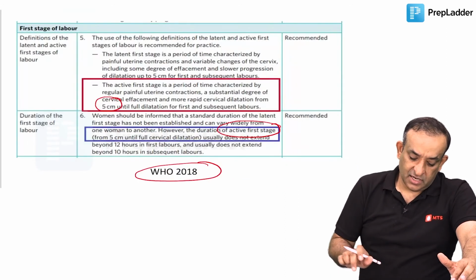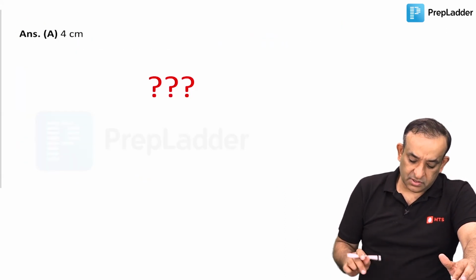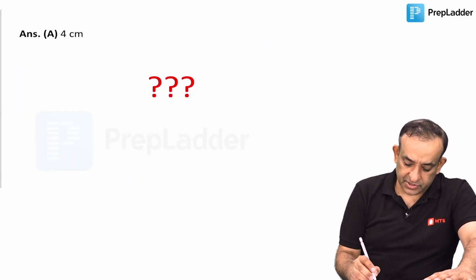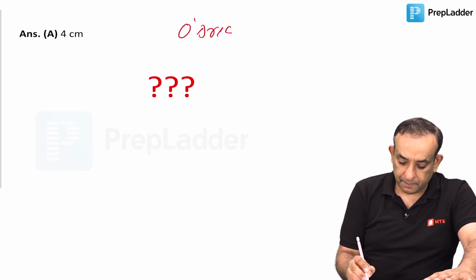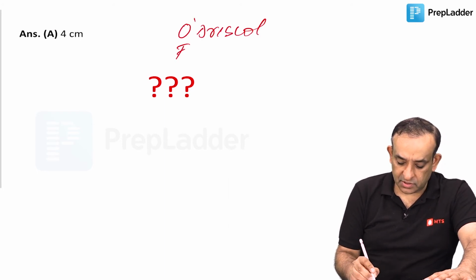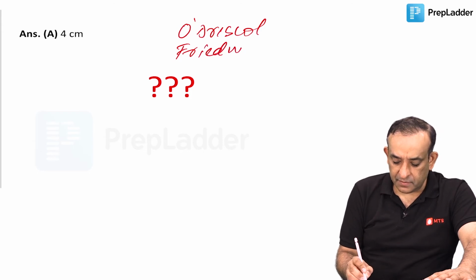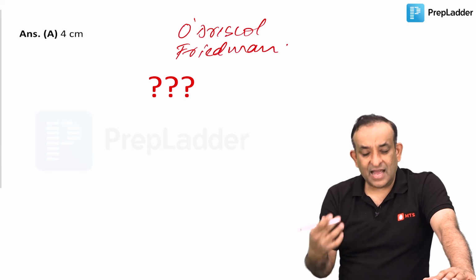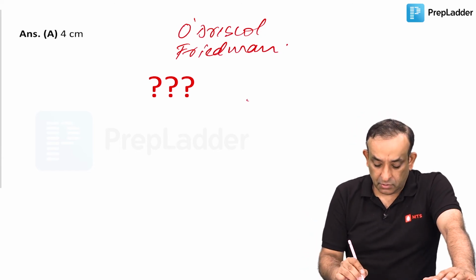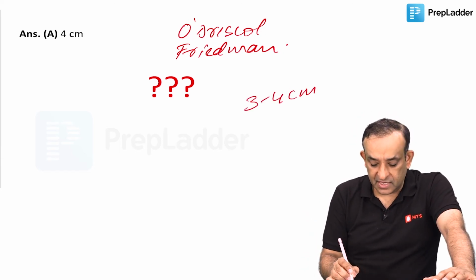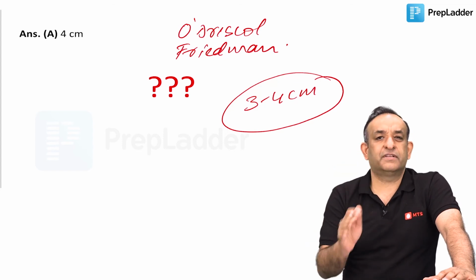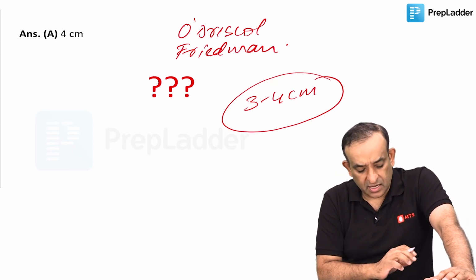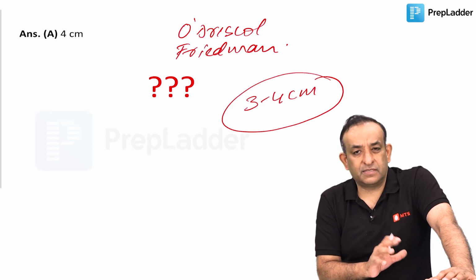I have answered that it is 4 centimeters because that is what the good old teachers O'Driscoll and Dr. Friedman, the people who actually devised the partograph, thought of: 3 to 4 centimeters, and that's what I think we'll stick to for the time being, because traditional teaching is what is important.